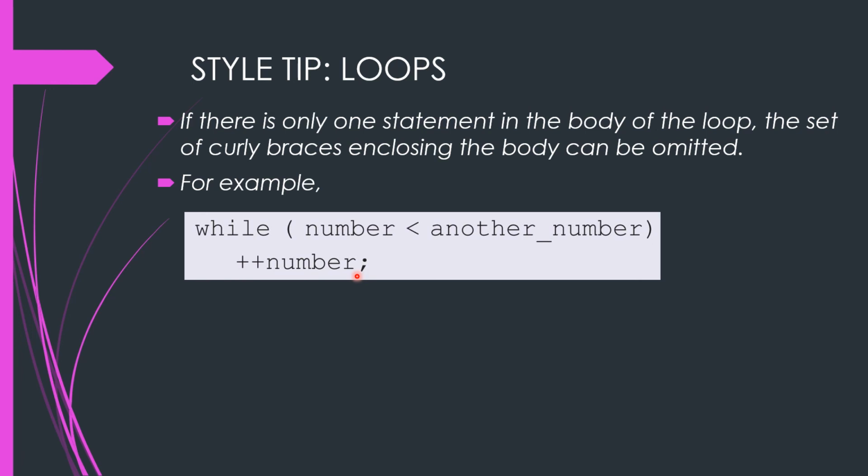If there is more than one statement, then you must provide the curly braces, but if there is only one statement, you may omit them. Here in this example, there is only one statement, so we have omitted those curly braces.